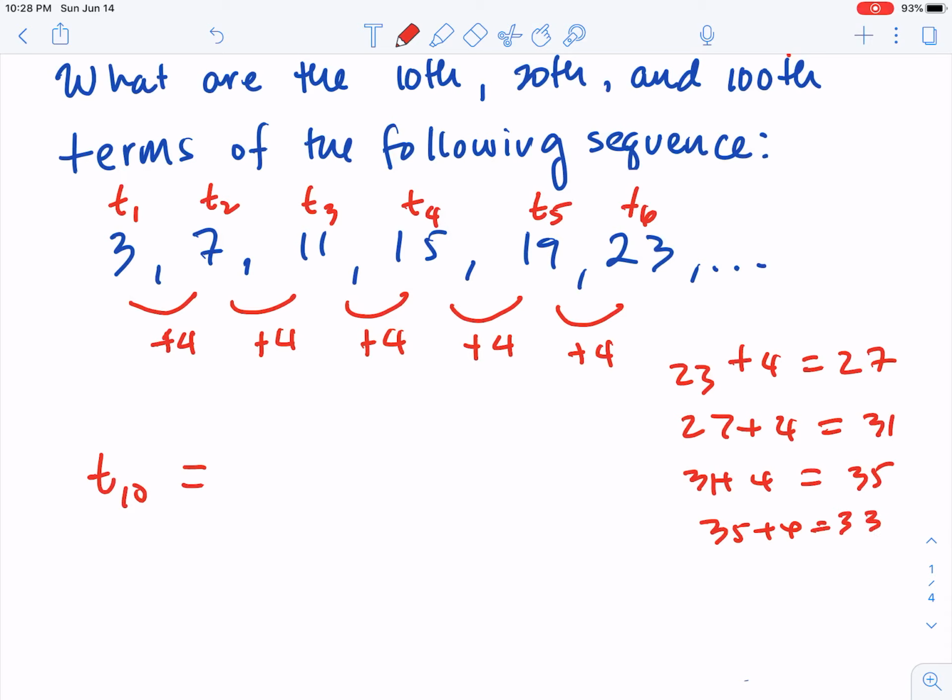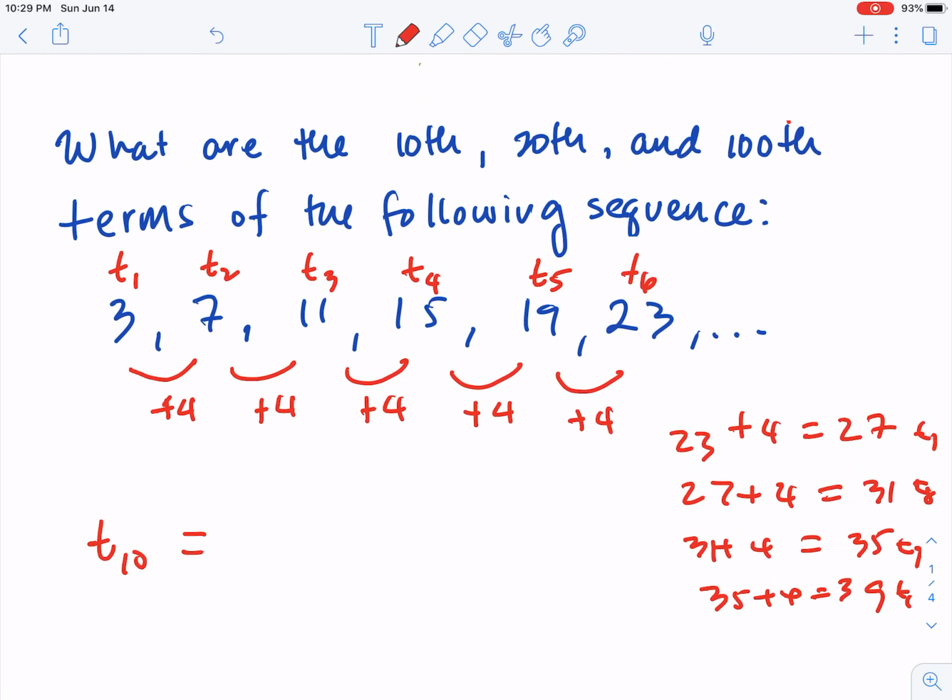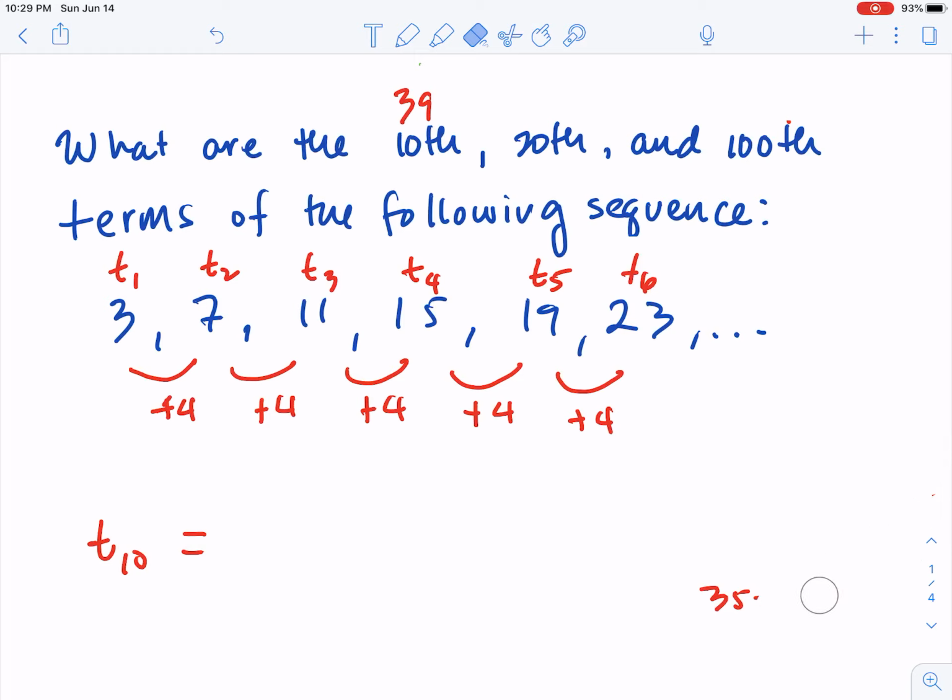Okay, so this is t sub 7, t sub 8, t sub 9, and t sub 10. So ang 10th term natin ay 39. Okay. 20th term, I leave that as an exercise, no?